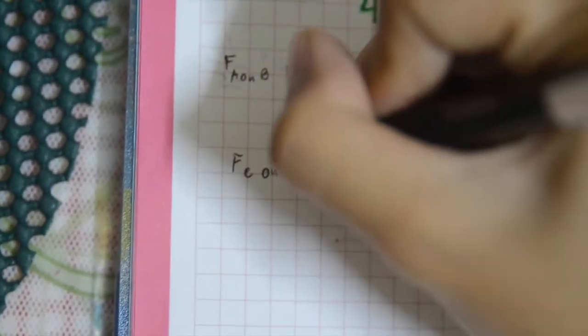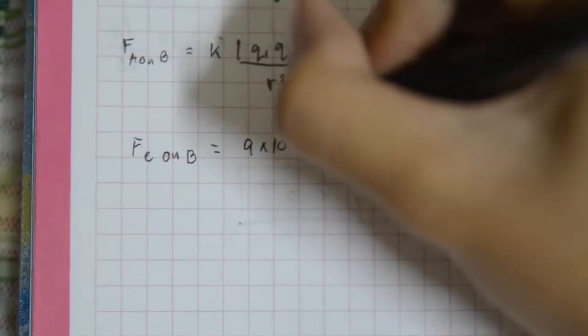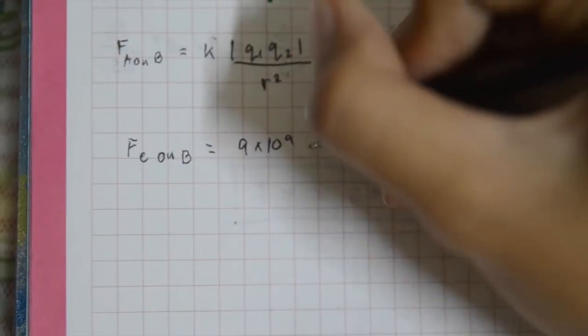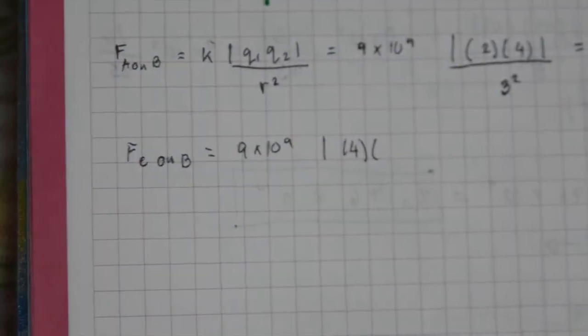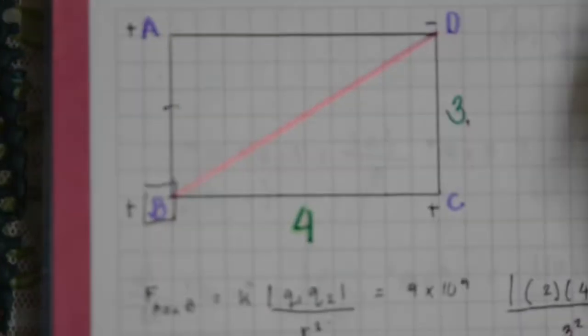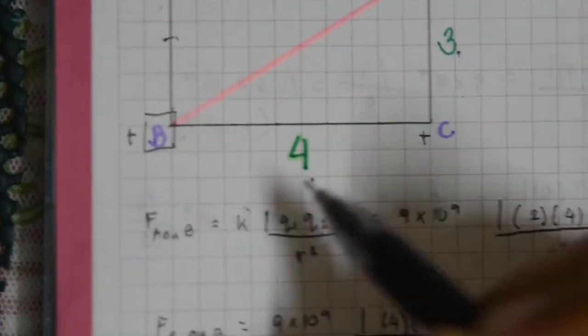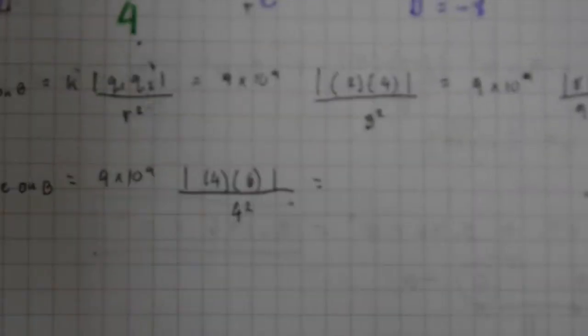Next, let's focus on the forces exerted by C on B. Let's place our values: 9 times 10 to the 9th, Q1, which will be 4, then Q2, which is C, 6, all over the distance between B and C, which is 4, so 4 squared. Let's simplify that.